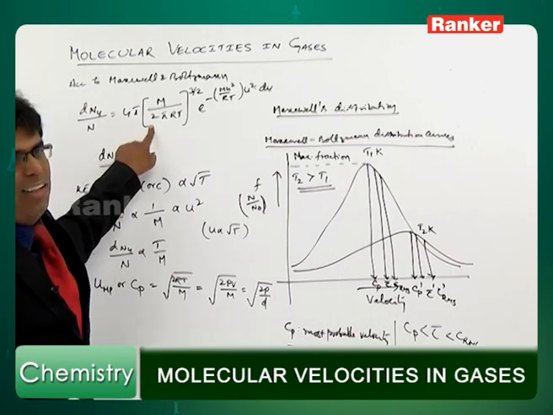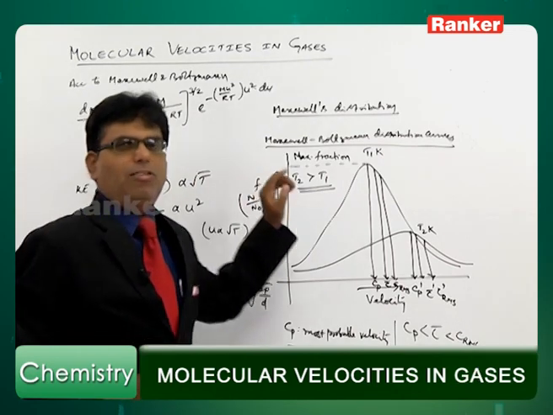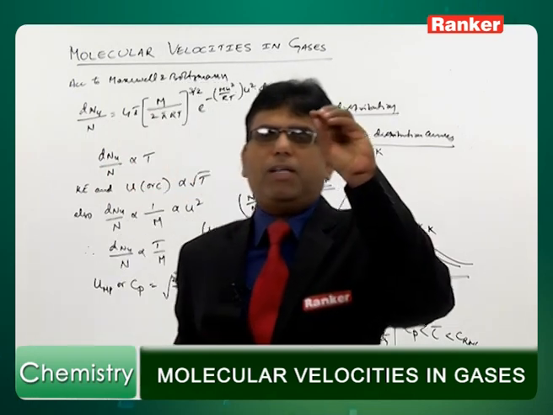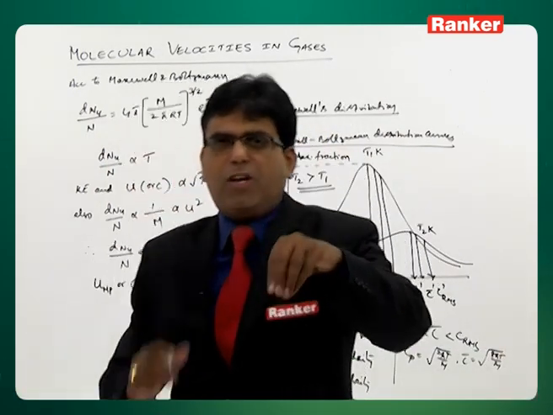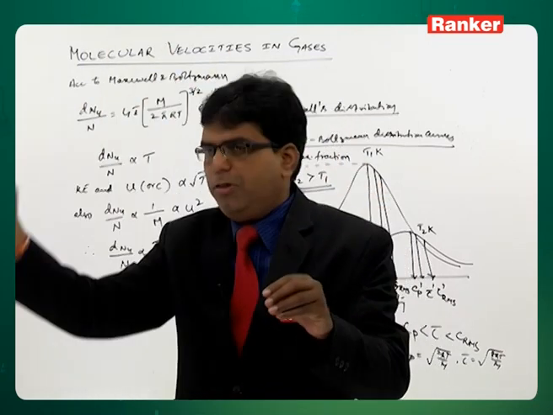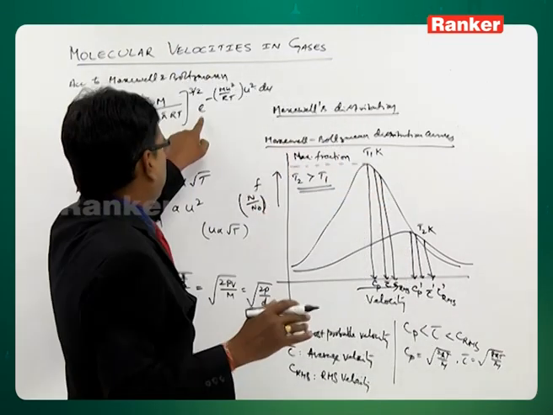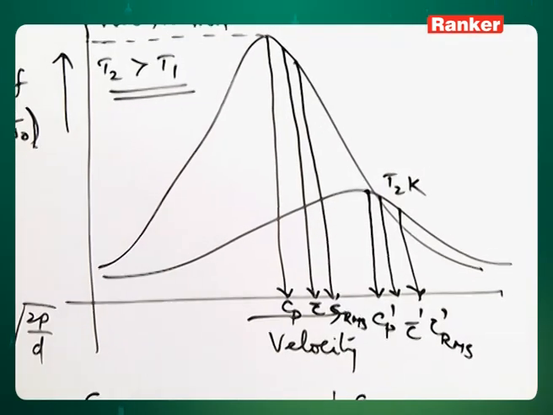So this is the statistical distribution equation from which, for a given velocity, we can determine the fraction of molecules possessing a particular velocity in the overall distribution. This is a graphical representation, and this is a mathematical equation.